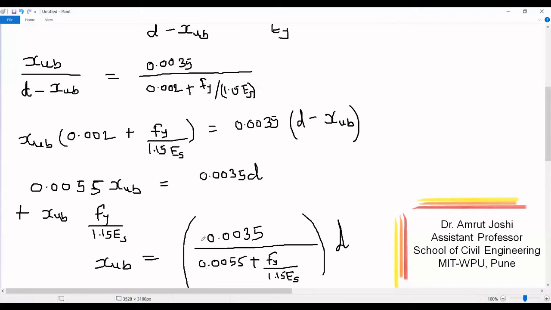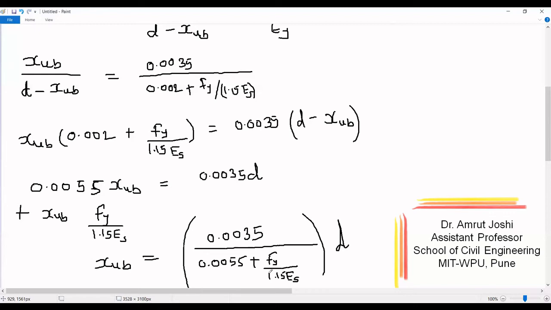Now you can observe that this factor depends merely on the properties of concrete and steel. The property of concrete under consideration is the ultimate compressive strain, and that is 0.0035. And the property of steel under consideration is its yield strain, that is 0.002 plus Fy upon 1.15 Es.